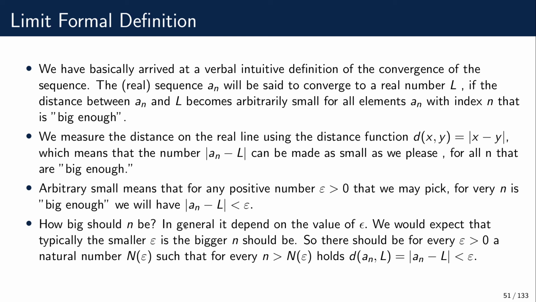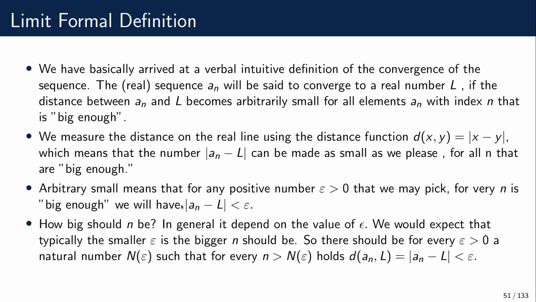Of course, in general, it would depend, unless our sequence is constant. But if a sequence is convergent, we would expect that the closer we want the elements to be to the limit, the farther we need to go. So the smaller I wish this distance to be, the farther I need to go in general with the elements of the sequence.